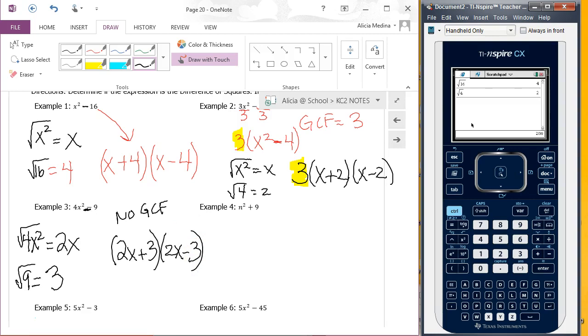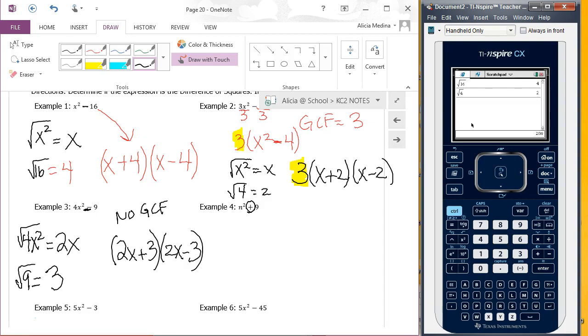All right, next one. I see n squared plus 9. There is not a subtraction sign here. Yes, I know that the square root of n squared is n, the square root of 9 is 3, but this cannot be factored because it's a plus sign, not a negative sign.